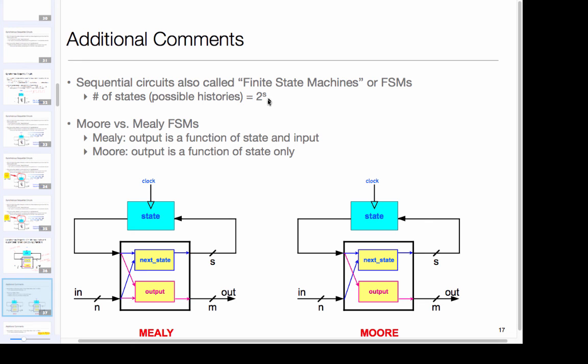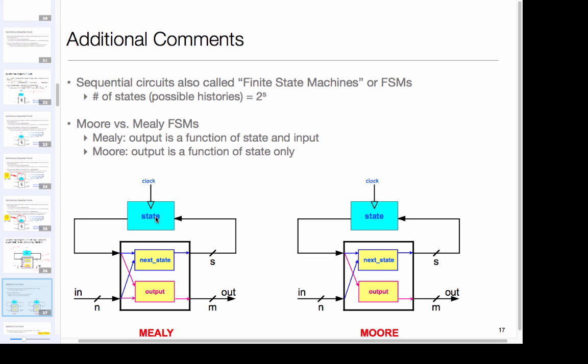Okay, so for example, going back to my parking lot example, since I wanted to remember the number of cars in the parking lot, the state would need to have how many bits? However many to store that number. Right. So if the parking lot had 400 spots, I would need 9 bits, because I need to store all numbers.